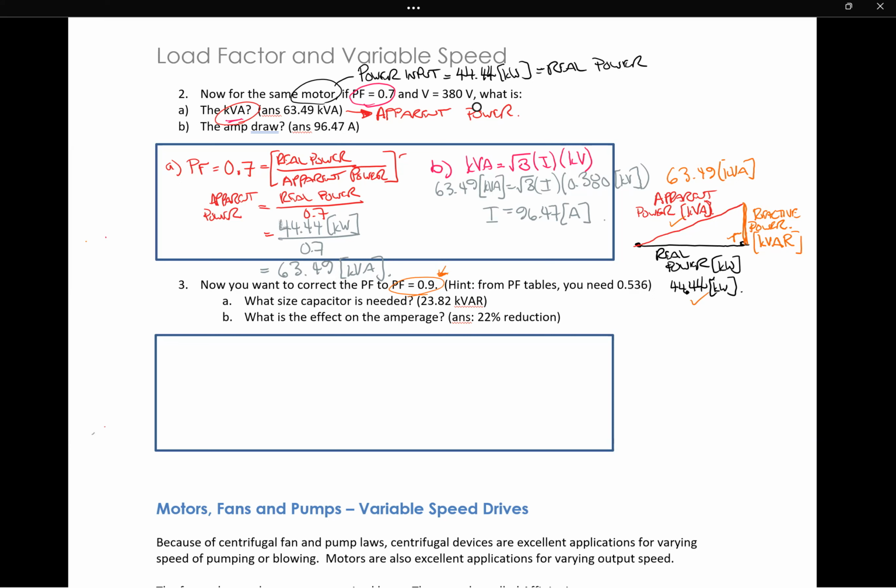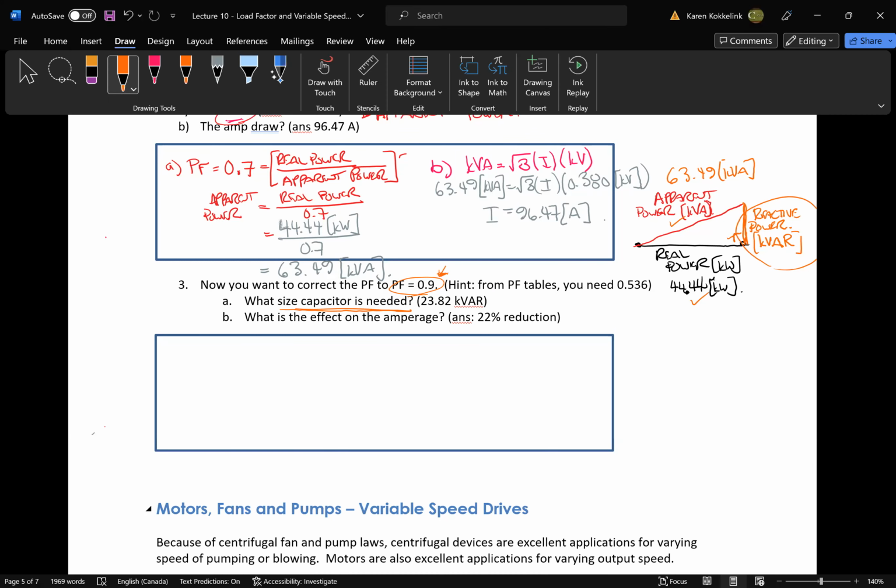So as we are doing this right now, what size capacitor is needed? And that basically means, what is the reactive power? What is that part of that triangle that's going to get us up to that apparent power that we need because of the lack of power factor correction? So let's see.